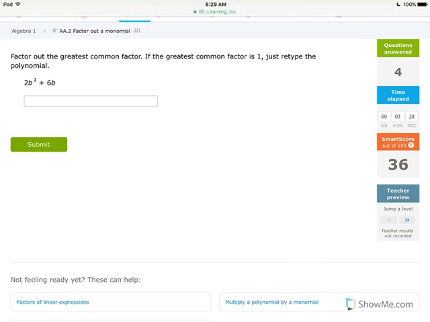And here's another one. Looking at the numbers, what's common between a 2 and a 6? So they have a greatest common factor of 2. What's common between the variables? You have b squared and b, so you have a common b. And what's left behind on the first term? 2b would have to get multiplied by a b to make 2b squared, plus 3 times the 2b would make the 6b.